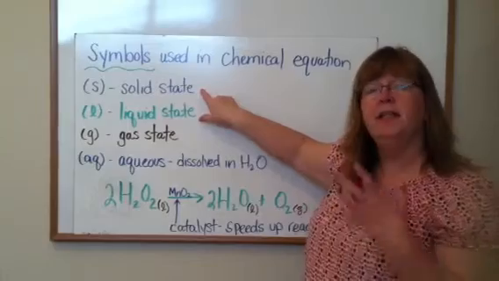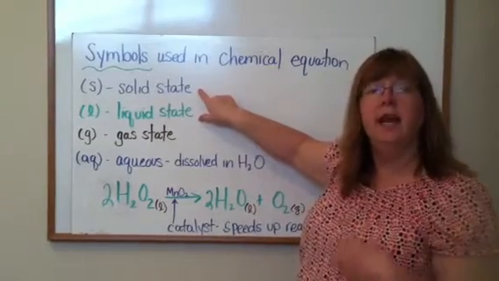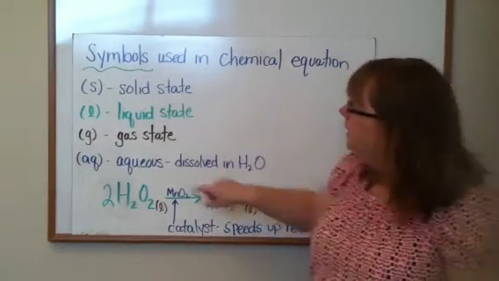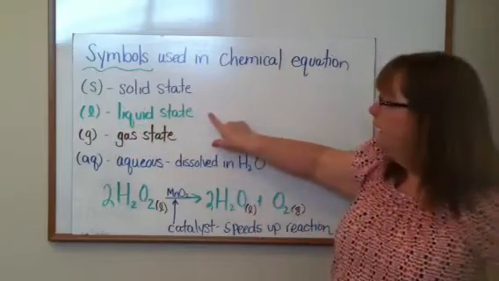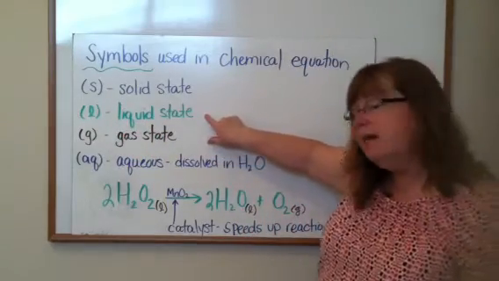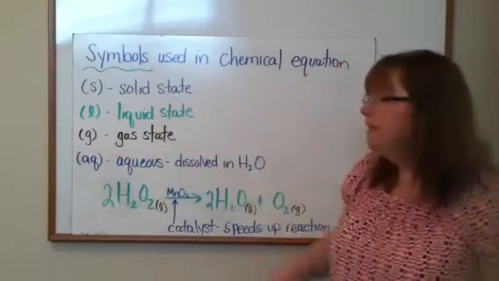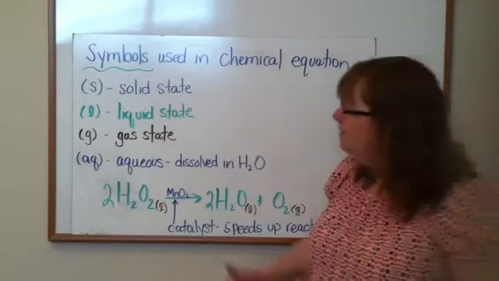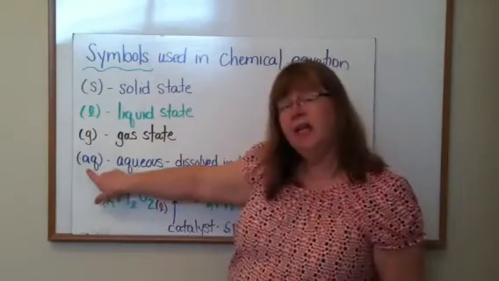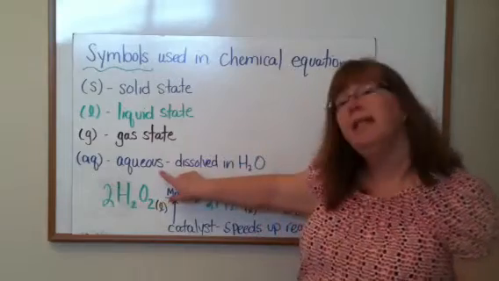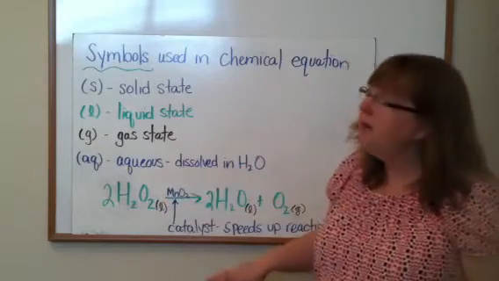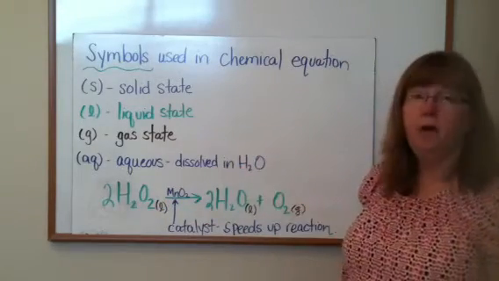So that meant that the silver was in the solid state and the copper was in the solid state. And l represents a liquid state, and g represents a gas state. Well, the one that may be a little confusing is aq, and that means that it is aqueous, and all that means is that it was dissolved in water.